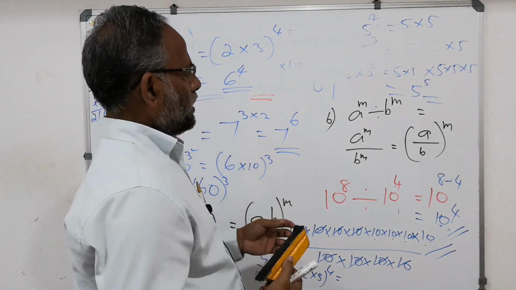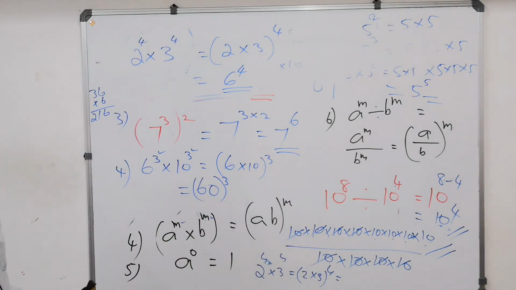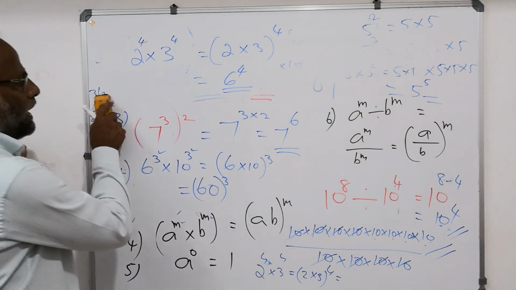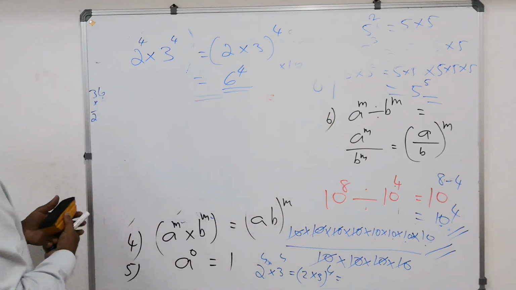Now the last one, what I am telling here: a to the power of m divided by b to the power of m. Now listen here, that is also the last example.